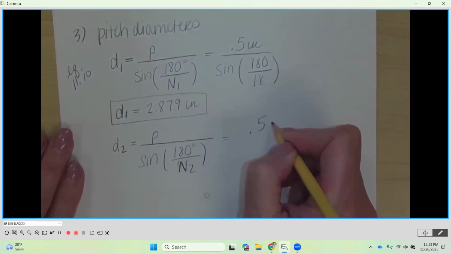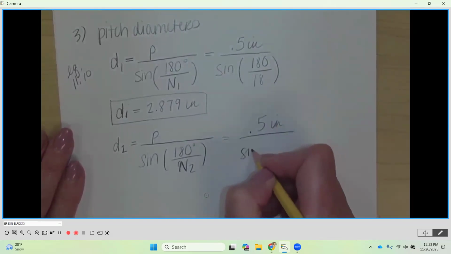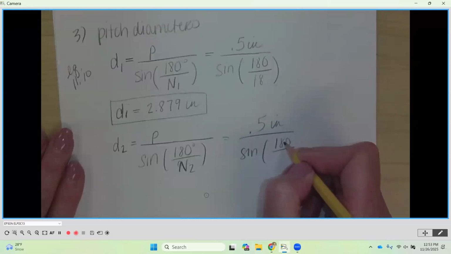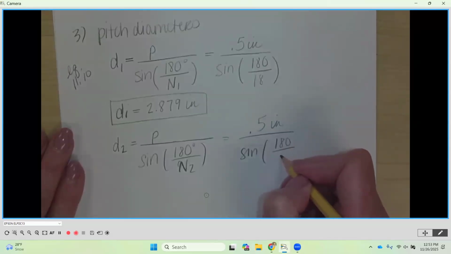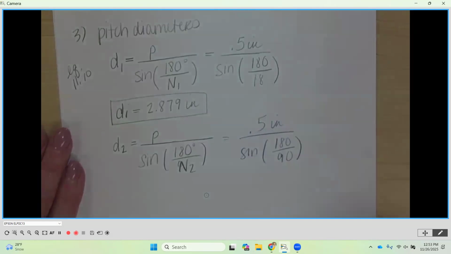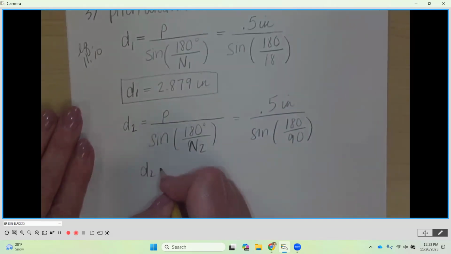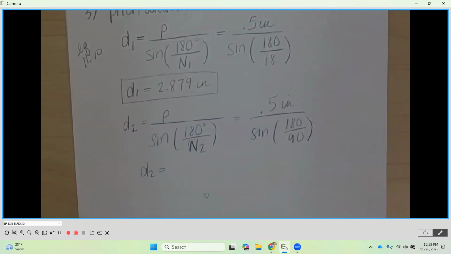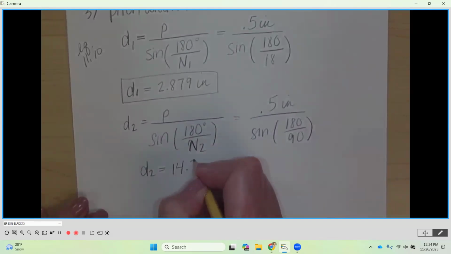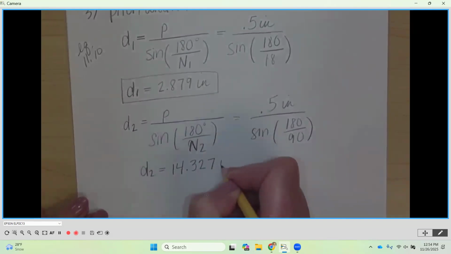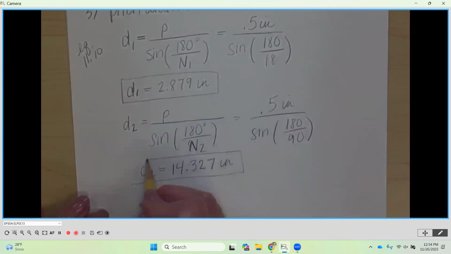So this is going to be 0.5 inches divided by sine of 180 divided by 90. So D2 should be 14.327 inches. Let's get the same thing.